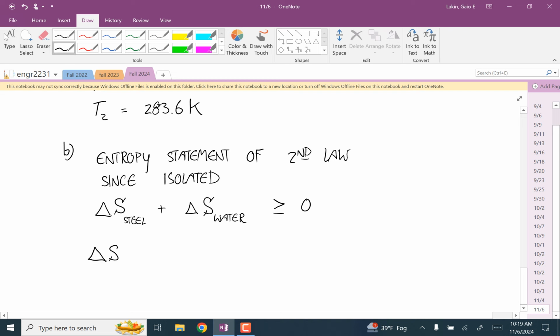The change in extensive entropy is just the mass times the change in intensive entropy.